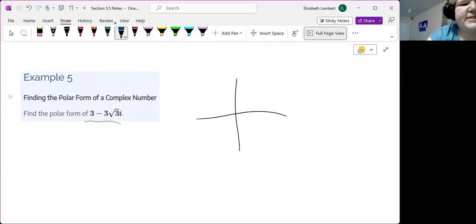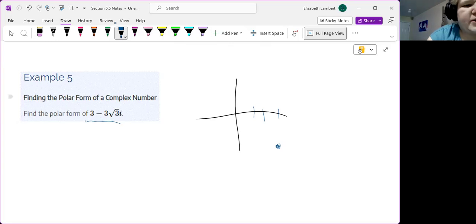All right, so 3, and then -3 square roots of 3. So it's somewhere down here. All right, so quadrant 4. This means if I do inverse tangent, remember inverse tangent is defined in quadrants 1 and 4. So the theta I would get from inverse tangent will work.